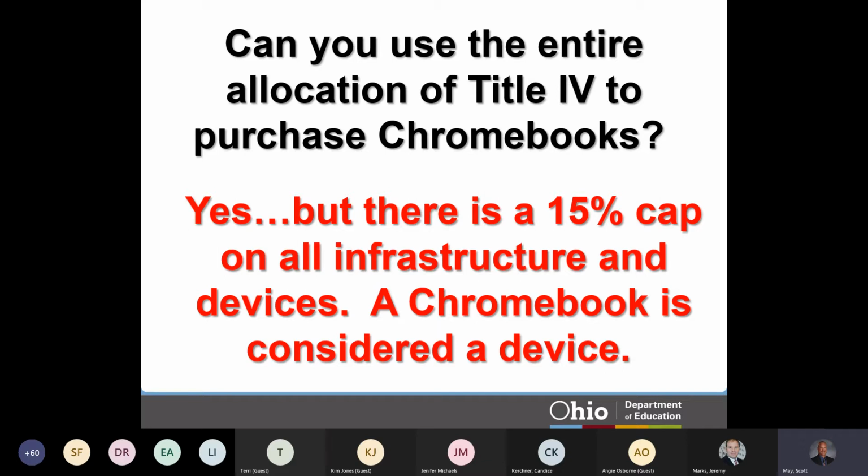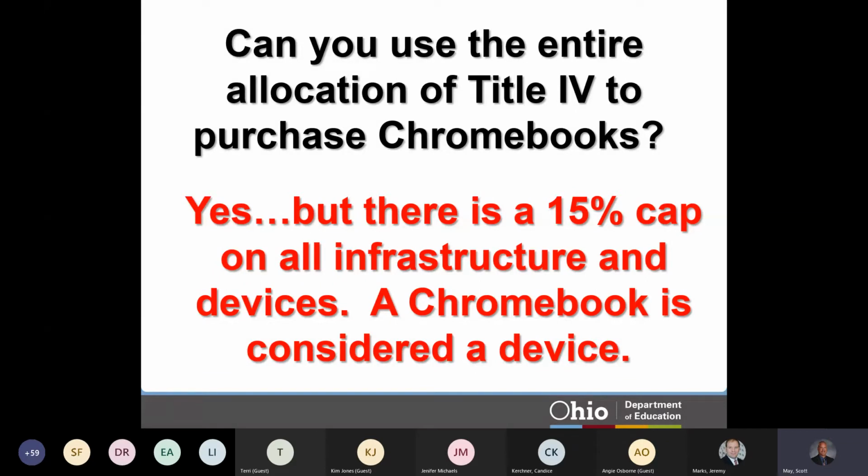A Chromebook is considered a device. Now, if you remember at the end of last year, there were some flexibilities or waivers with Title IV where they waived that 15% for devices and infrastructure. So you can't use the entire allocation for it because of that 15%.